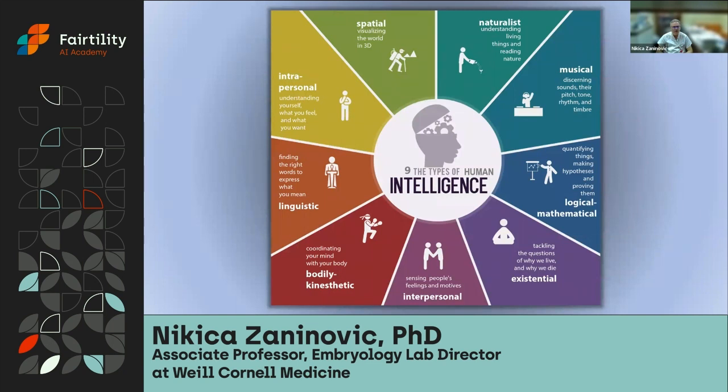So we need to include all these different types of intelligence. If we are talking about artificial intelligence, that means we also need to create different types of artificial intelligence that will guide and drive the field, not only in our daily human lives, but also drive our work life in the IVF lab.